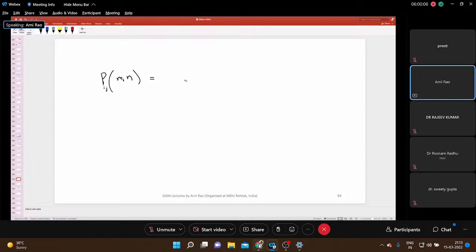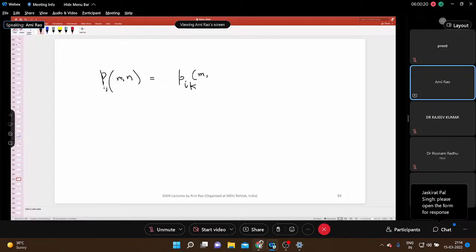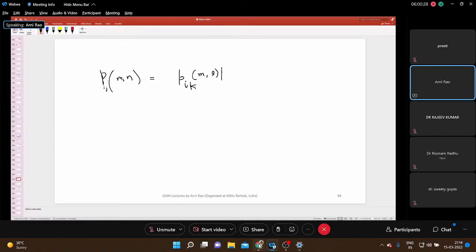So P_ik(m,l), multiplied by, and means multiplication, P_kj(l,n), k to j from l to n.